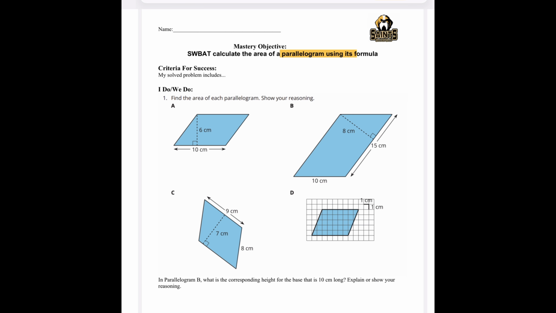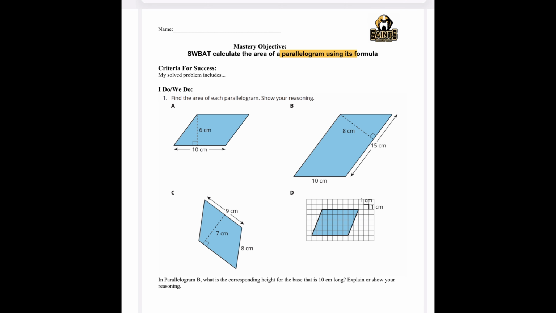This has the same criteria for success as number 2. Number 1, identify the base and the height. How can I draw a perpendicular line to a side? And then number 2, identify the formula for the shape. How do I find the area of a parallelogram?